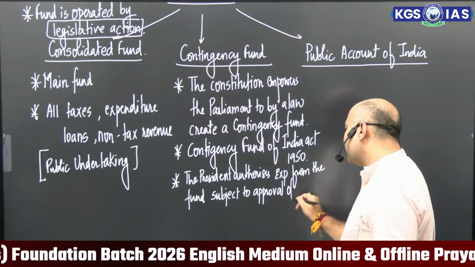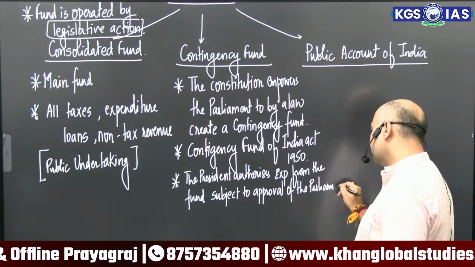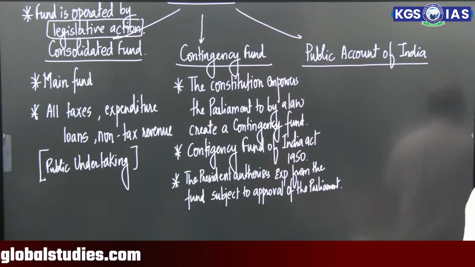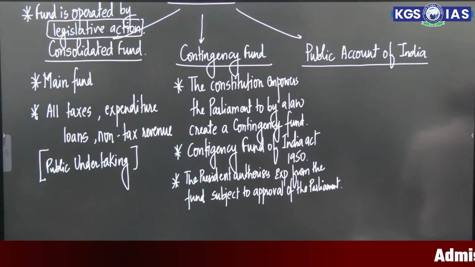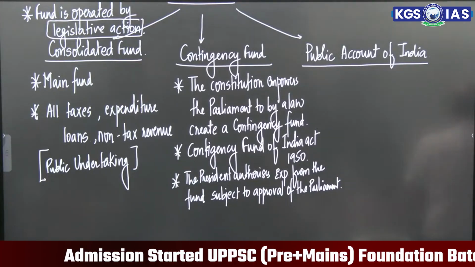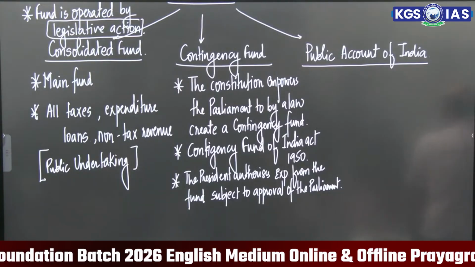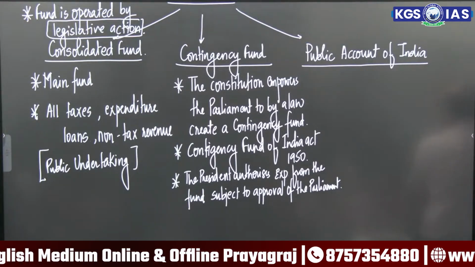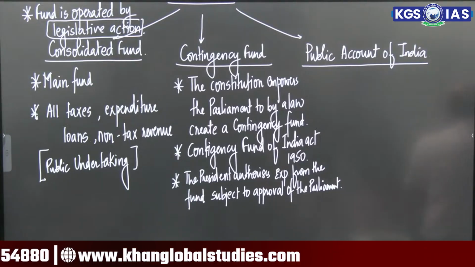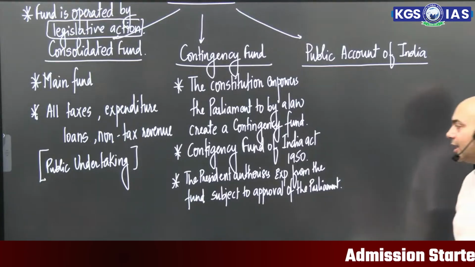So the President authorizes expenditure. Suppose the President of India is on a visit to a particular place where a disaster has happened. In that case, if the President feels the need, then the President can authorize certain expenditure from the contingency fund. Okay? That is what the contingency fund is.